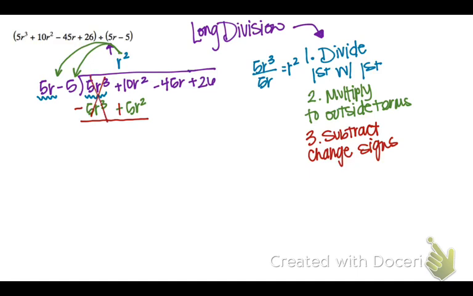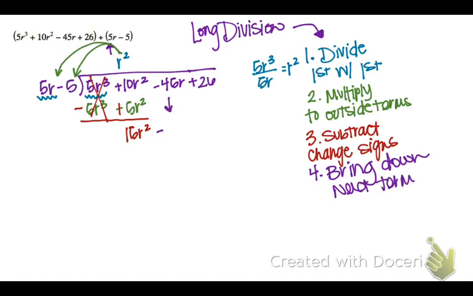And then 10r squared plus 5r squared is 15r squared. Okay. And then you bring down the next term. So we're going to bring this down, and that's going to be minus 45r.